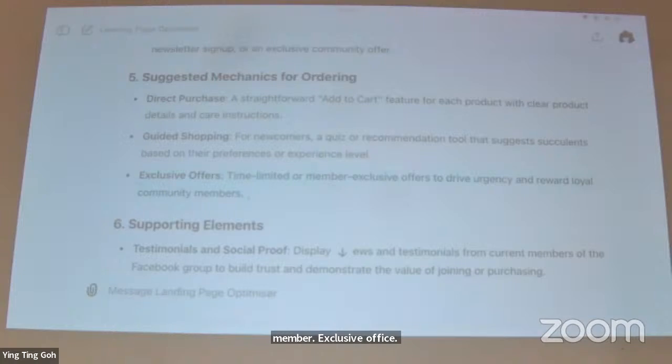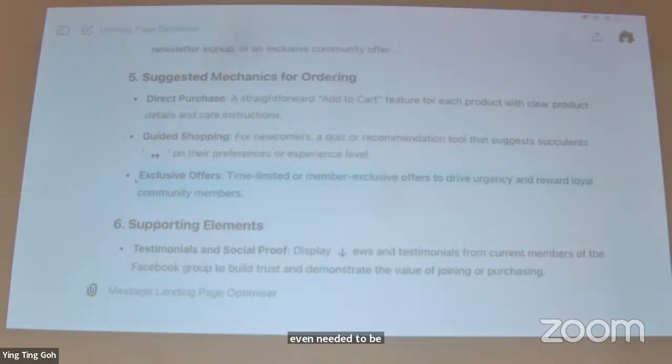I'm not sure if this third one is actually needed, because I feel like newcomers will make a purchase when they are ready. And I know for a fact that for any type of collectors, let's say 20, 30 or 50 pieces of a rare succulent is made available, they will just purchase it before it's even announced or marketed if they have a community.